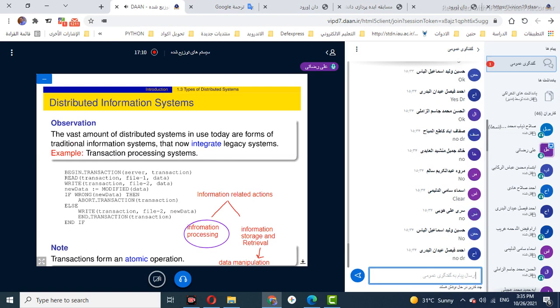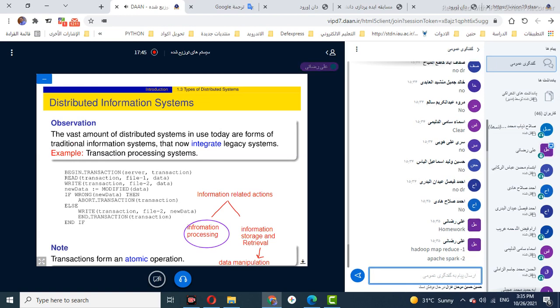Hadoop file system, MapReduce and Hadoop to Spark, Apache Spark, and big data.